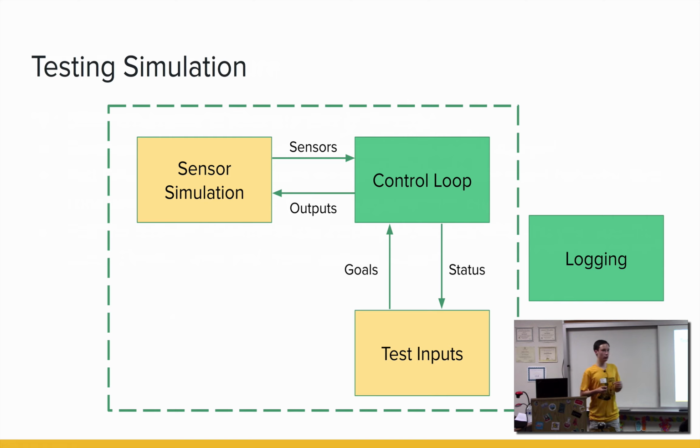If you had calls to Wpilib in your control loop class, for example, it might be difficult to remove those to do testing later. But by having this message system where we're passing data back and forth, we can have something else create those messages other than Wpilib. So we don't have to worry about going into the control loop. We just have a test sensor simulation create those sample sensor values.